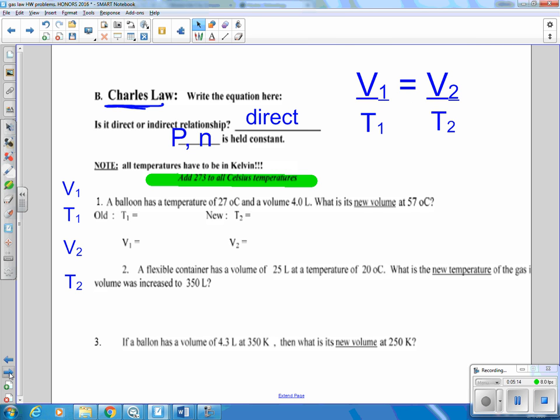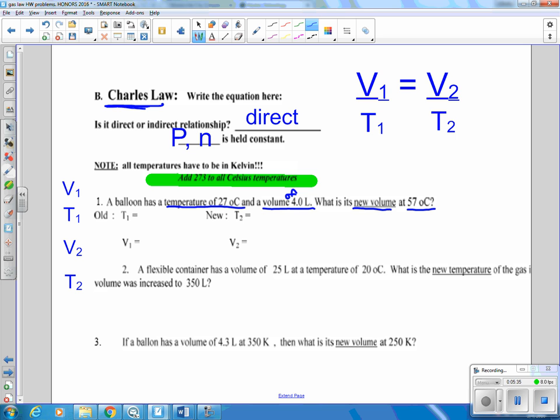So for these 3, you're going to be looking for the values in the question. This first one says a balloon has a temperature of 27 degrees Celsius and a volume of 4 liters. And then it asks, what is the new volume at 57 degrees Celsius?